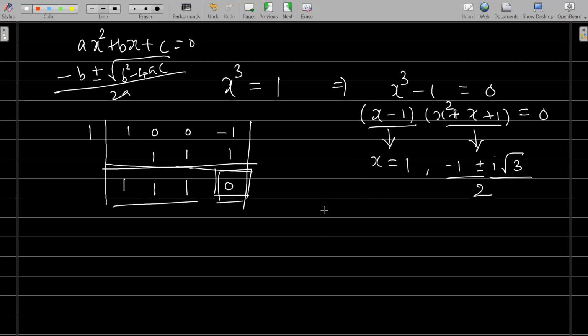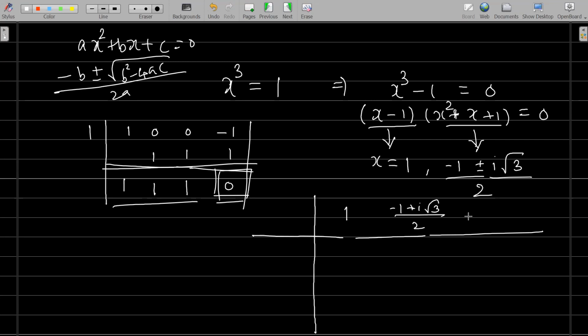Okay. Now your job is to check whether this forms a group or not. So we want a multiplication table. 1, minus 1 plus i root 3 by 2, minus 1 minus i root 3 by 2, and the same along the rows.